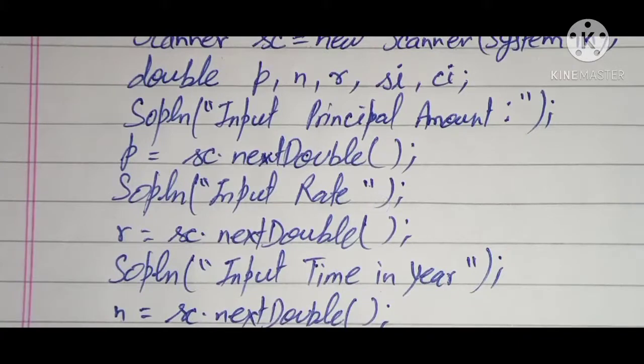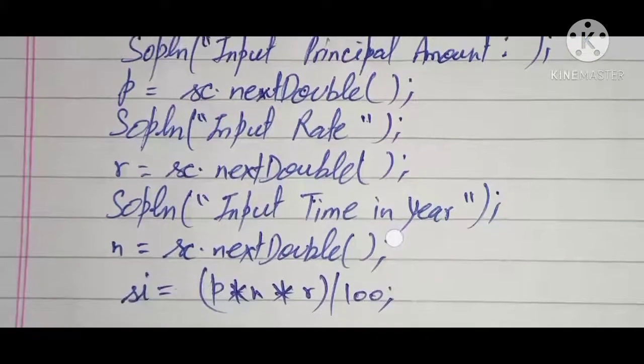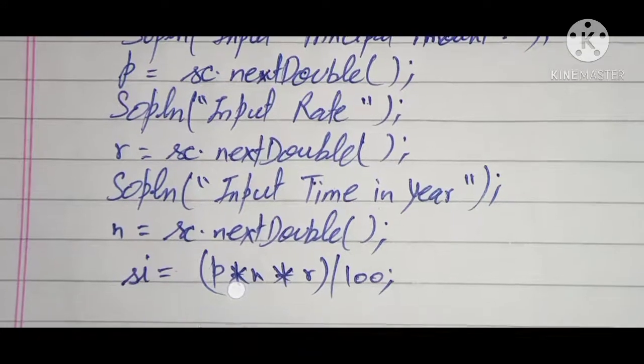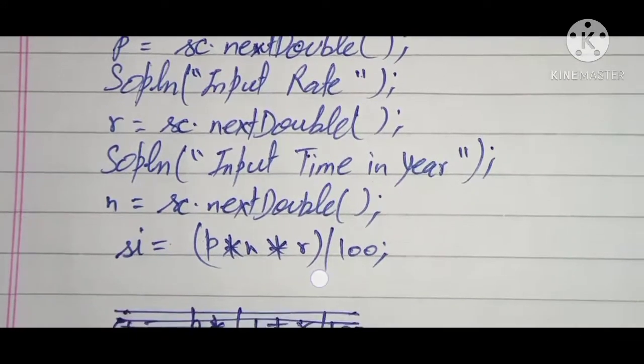We have got all the values, and after getting the values, I'm going to use the formula. You can see the first formula I have used here in the respect of Java. First I have written SI is equal to P into N into R by 100.